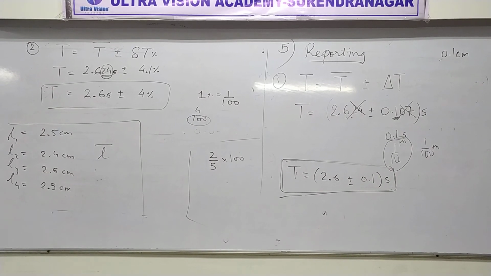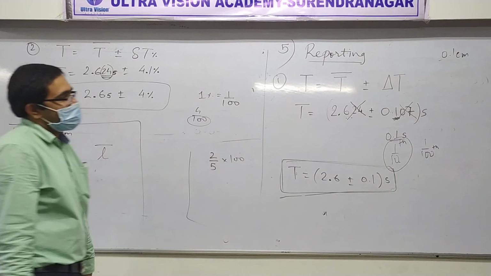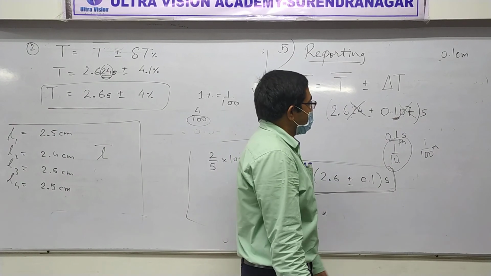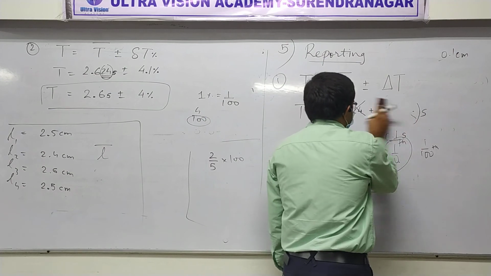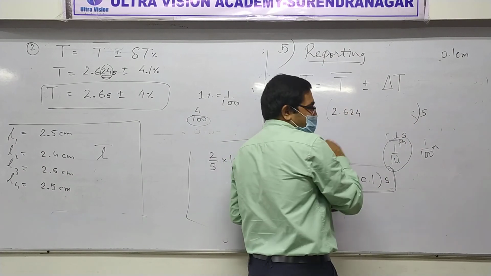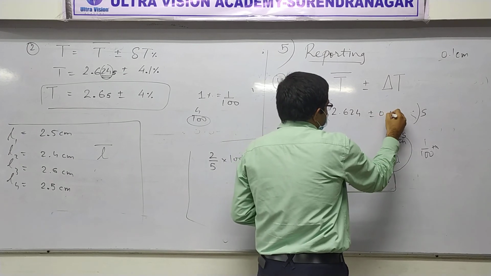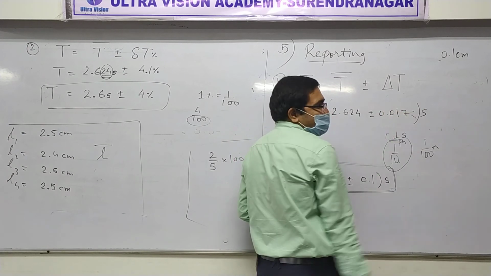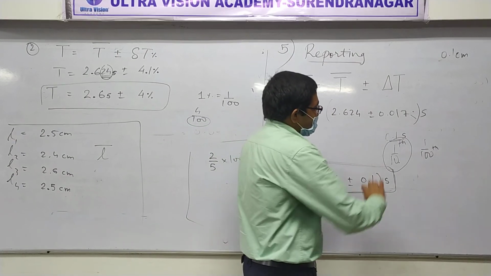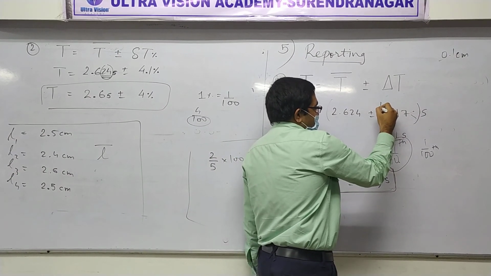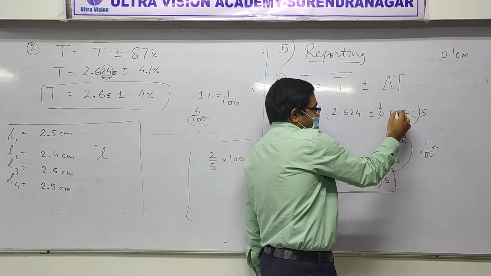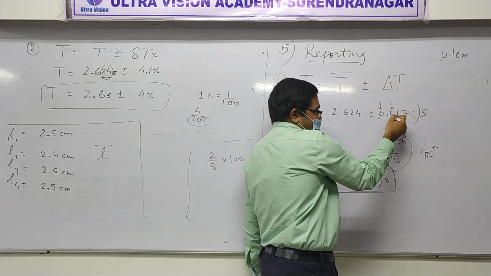Yes. So what if we are getting here 0.017, then? Over here? Yeah. Okay. Suppose, hypothetically, let's say this was 2.64, and over here you're getting 0.017. Right? What to do then? So here we know that the place before the point has no error, 0 error. The place after the point here has no error.